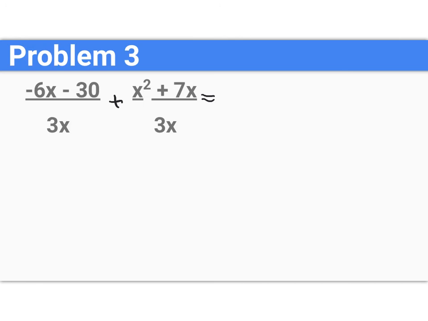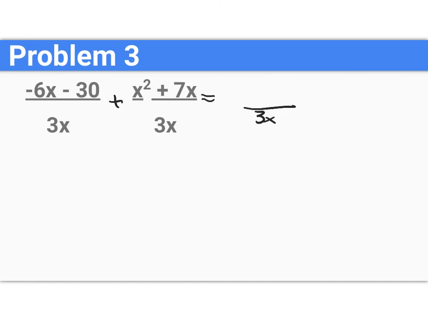Okay, so for our last example, -6x minus 30 is first, so I'm going to just leave the negative alone. You've got x squared plus 7x, all over 3x.